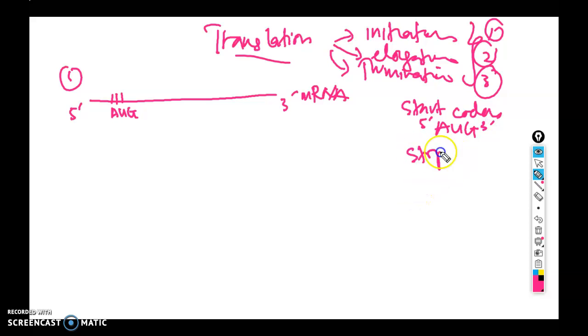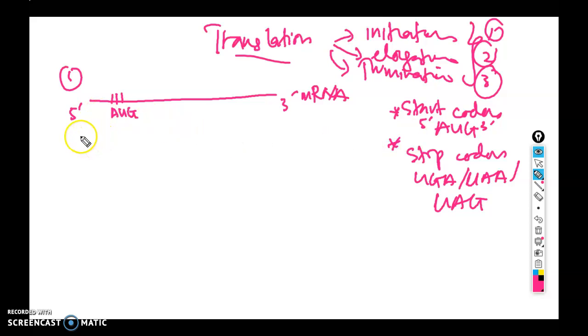And we have the stop codon. The stop codon can be UGA, UAA, or UAG. Okay, ini adalah stop codon, start codon and stop codon.